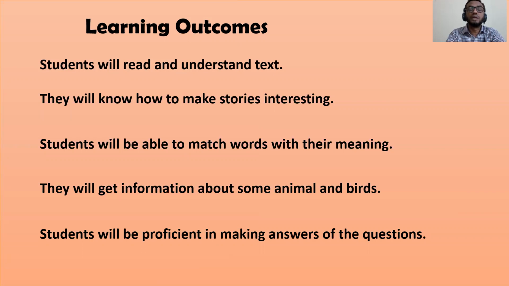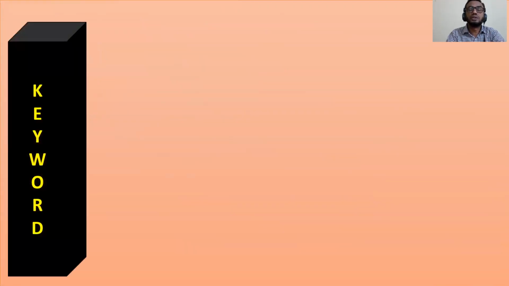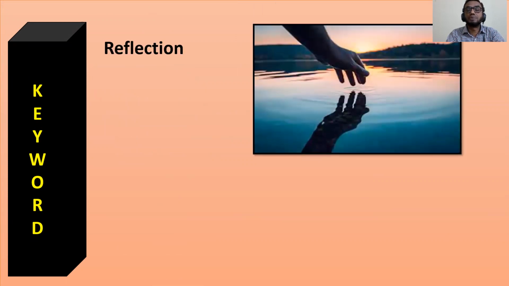So, go next. Okay, my dear students, look at the keywords attentively. The first keyword is reflection. What is reflection? Look at the picture. You can see a hand and its reflection in the water. Okay, there is a picture of reflection. You can see the picture and guess the meaning of the word.